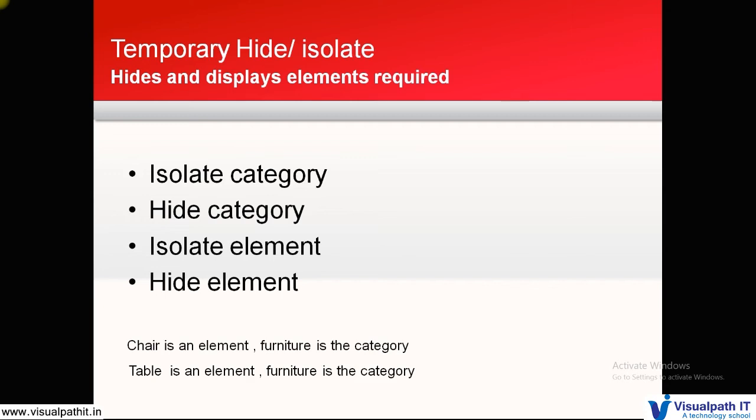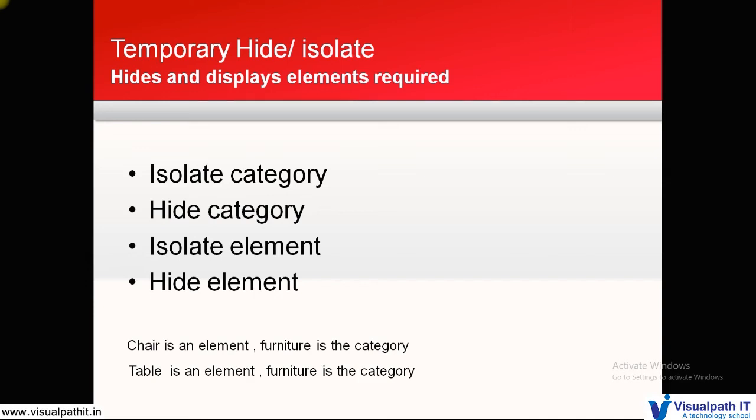Isolate means only your selected element will be visible, whereas hide means the selected element will be hidden and the other elements will be visible. Now what is a category and an element? This is again a very important concept. Chair is an element and furniture is the category. Suppose table is an element; chair and table come under the furniture category.